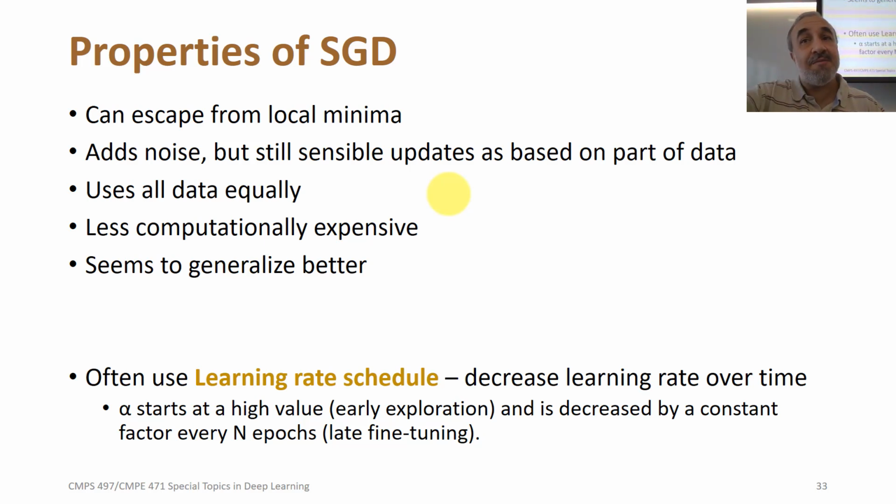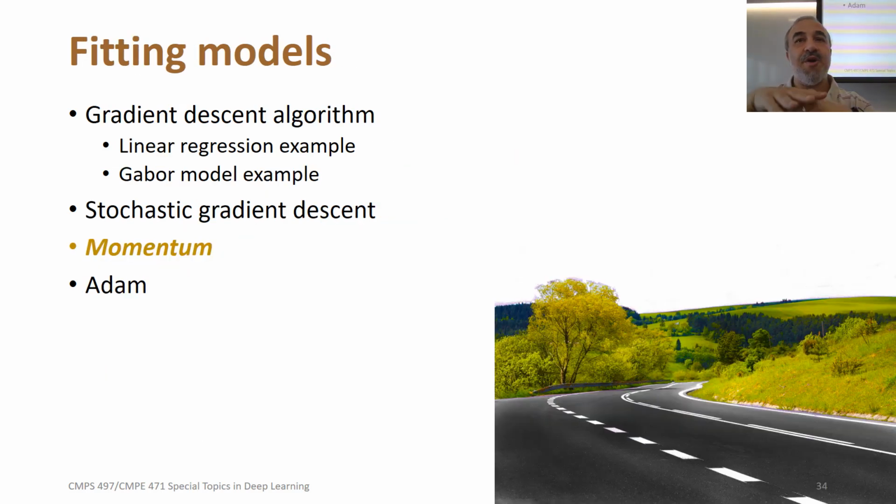But then after some time, we want to do fine tuning. We want to be more precise. So we want the learning rate to be smaller so that the changes will not be that big. So that's the idea here. That's it with stochastic gradient descent as is.